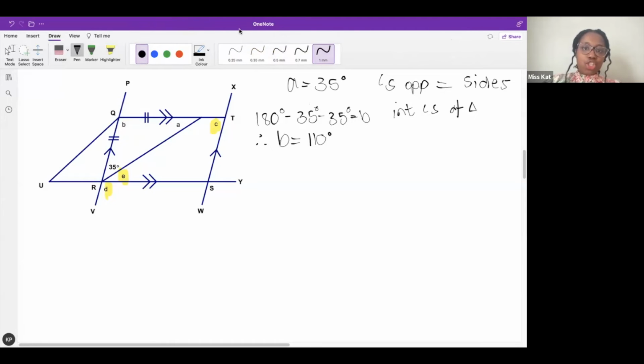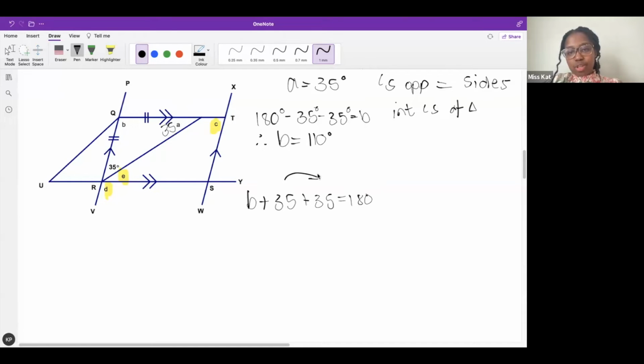Now let us check. We have C, D, and E. Why 35 minus 35? Because A is also 35, right? So we actually have to start by saying B plus 35 plus 35, because there's two of them, is 180.